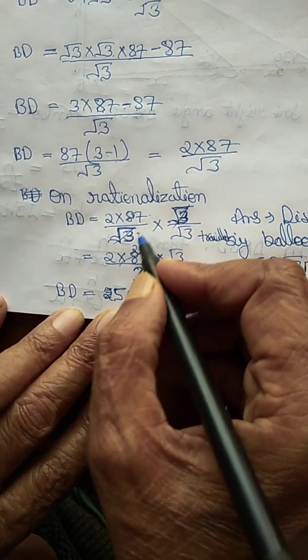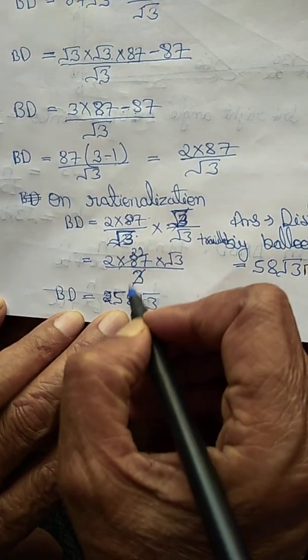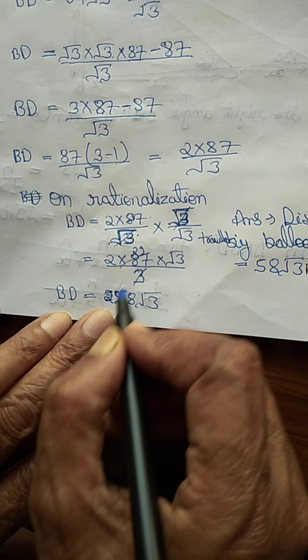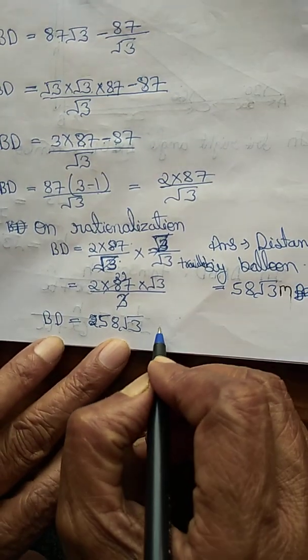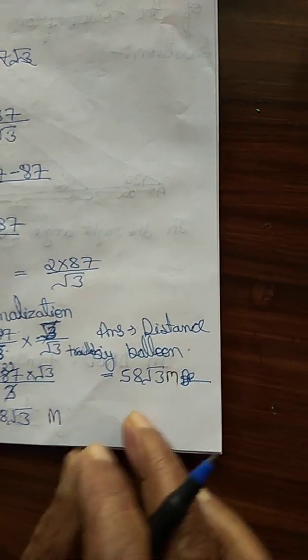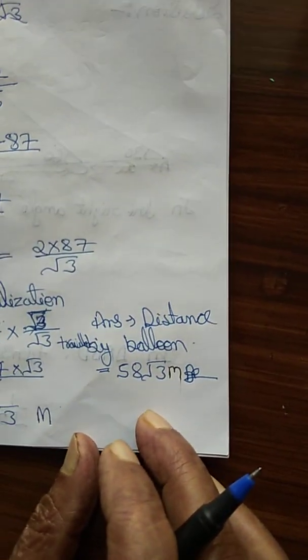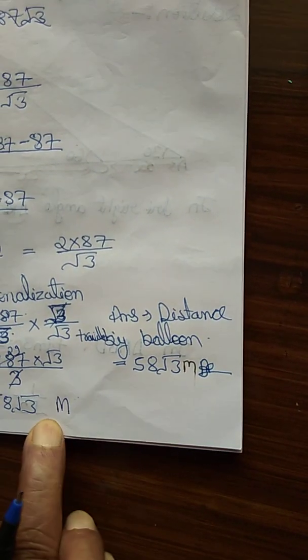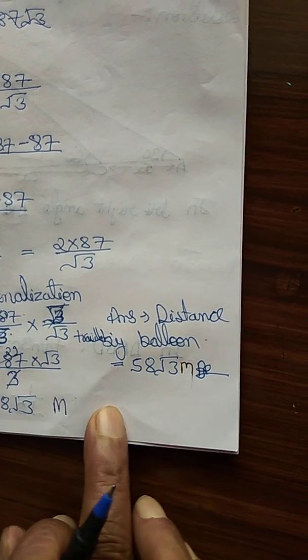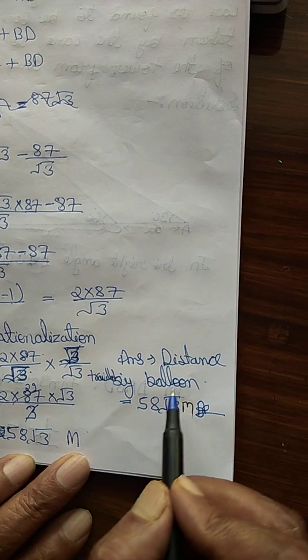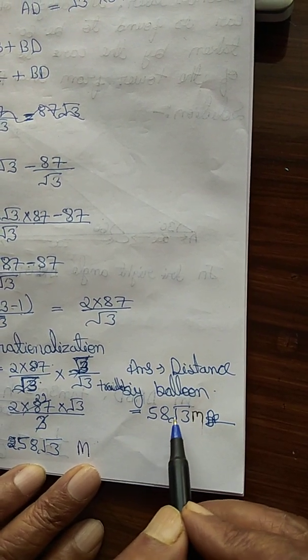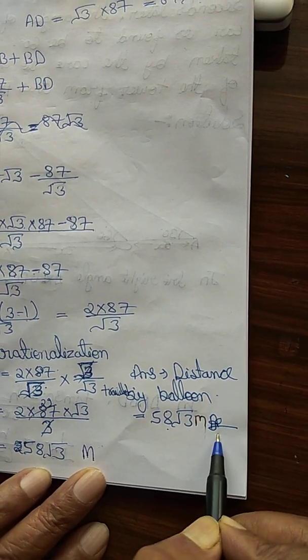You divide 87 by 3, you get 29. So multiply 29 by 2, it becomes 58 into root 3. So BD, the distance traveled by the balloon, is 58 into root 3 meter.